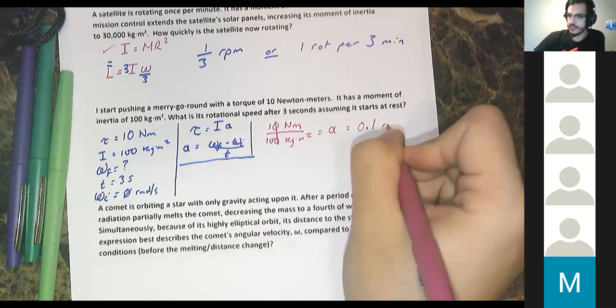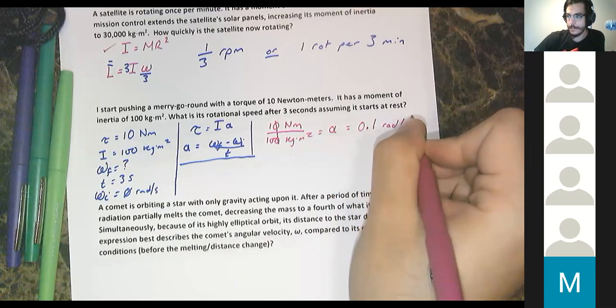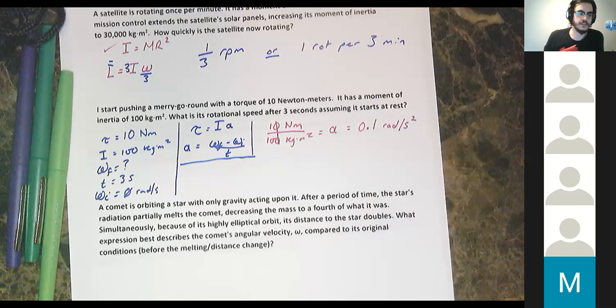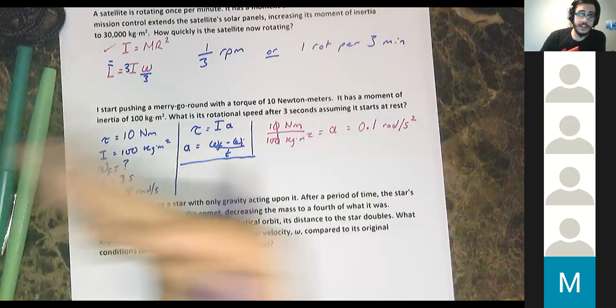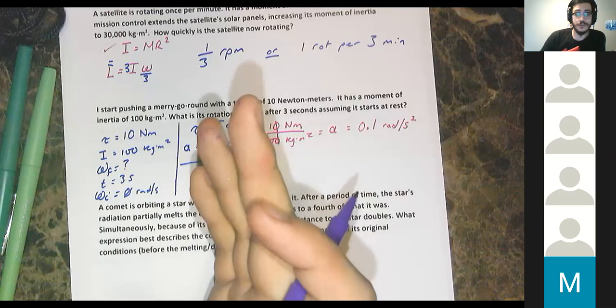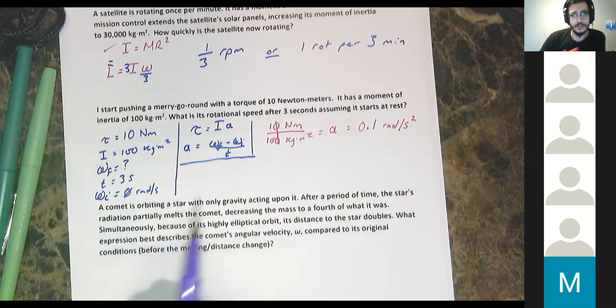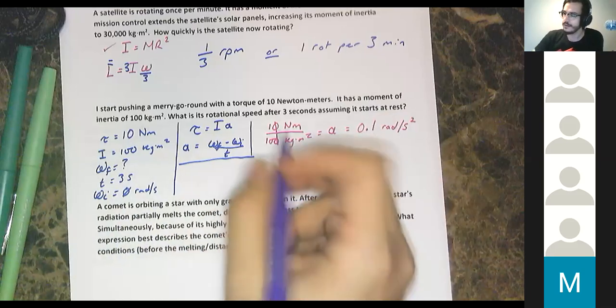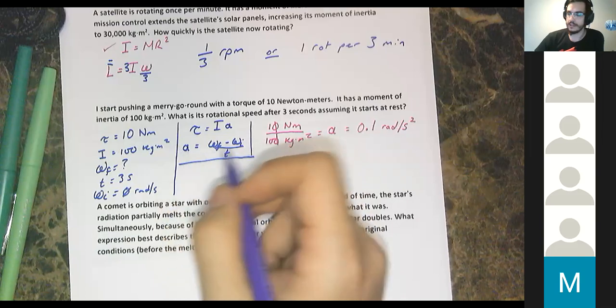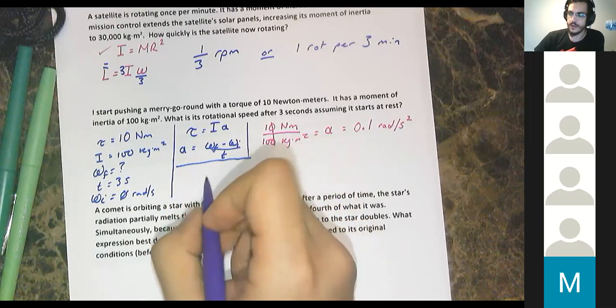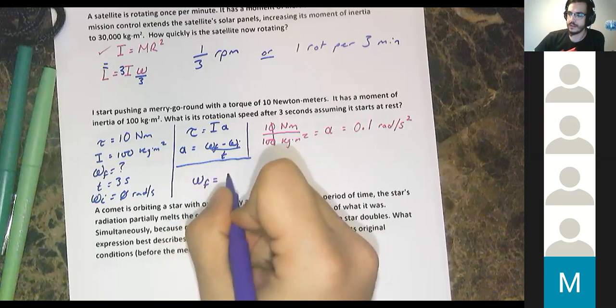So our acceleration shall be 1/10 of a radian per second of speed gained per second spent torquing this merry-go-round. So that's the rate at which our speed is increasing. And then it's 3 seconds. Now you can answer this one of two ways. You could count it on your fingers, or you could do it via math. Move that t to the other side, move omega initial to the other side, and you would arrive at this kinematic.